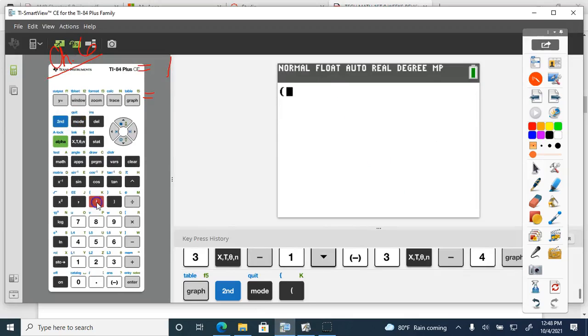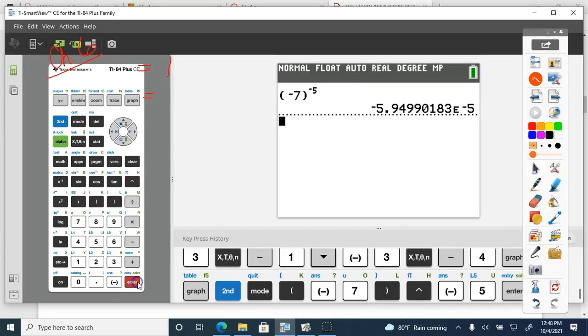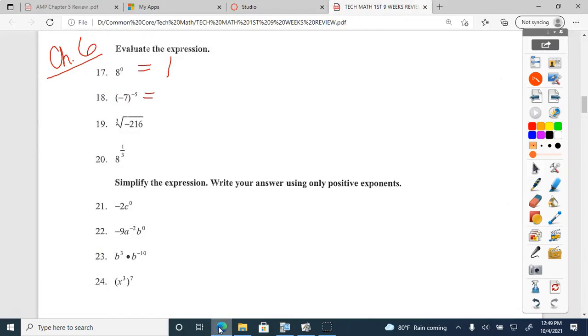So negative 7 to the negative 5th power? If your calculator is being hard-headed and gives it to you as a big long decimal, I don't want the big long decimal, right? I think they're doing this to make sure you know what's happening here, okay? Let me go back. How do I make that positive? I move the 5 to the bottom, okay?